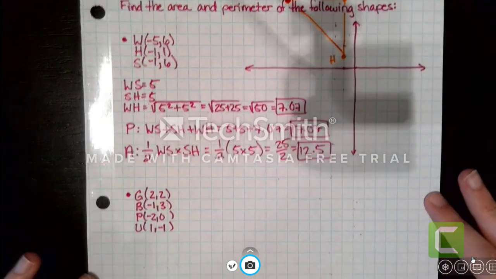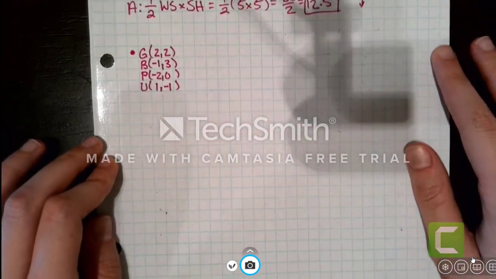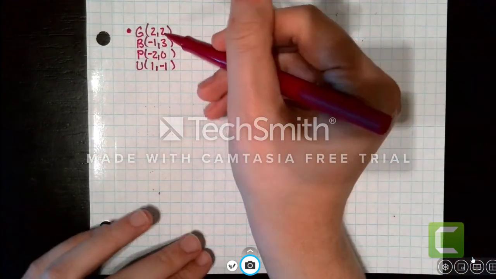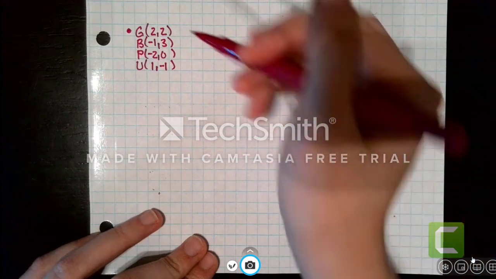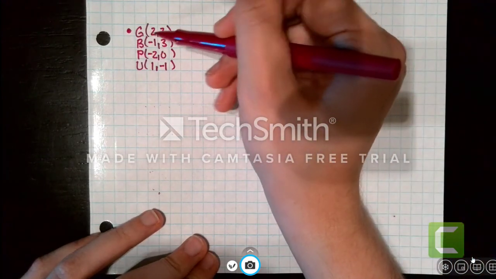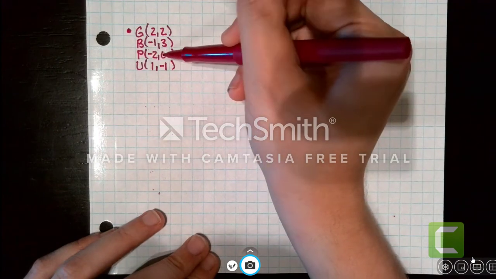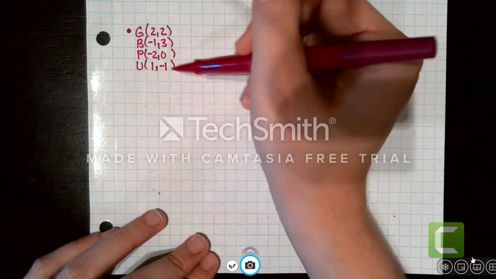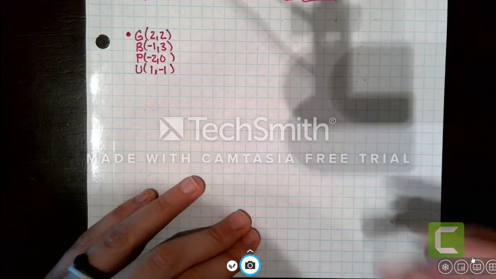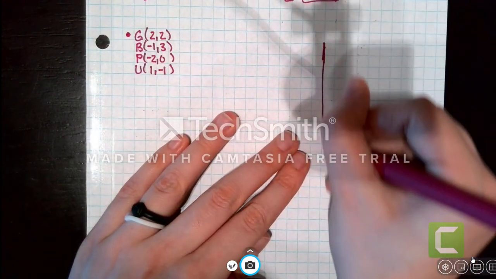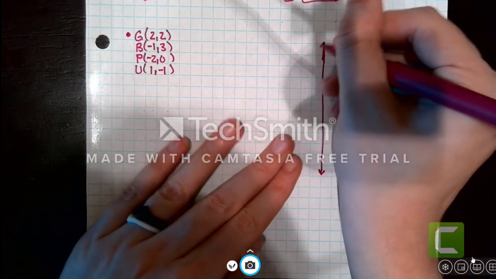Finally, we're going to be working with another rectangle. Our last rectangle has 4 points. We have G at 2, 2, B at -1, 3, P at -2, 0, and U at 1, -1. Draw your coordinates out on your own graph and see what shape we have.